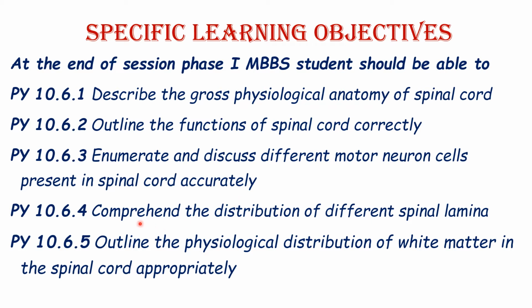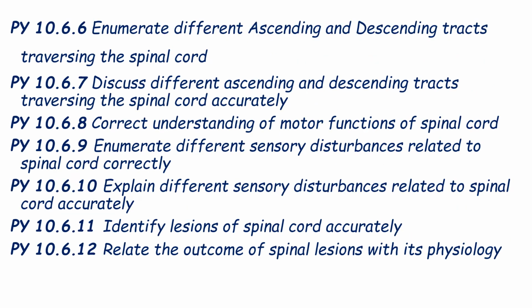Then next is comprehend the distribution of different spinal laminae, starting from the posterior to the anterior lamina. Then next is outline the physiological distribution of white matter in the spinal cord appropriately. That is its distribution into anterior horn, the posterior horn, the lateral horn, and intermediate lateral horn, especially in certain areas where the autonomic nervous system is present. We discussed this in detail.